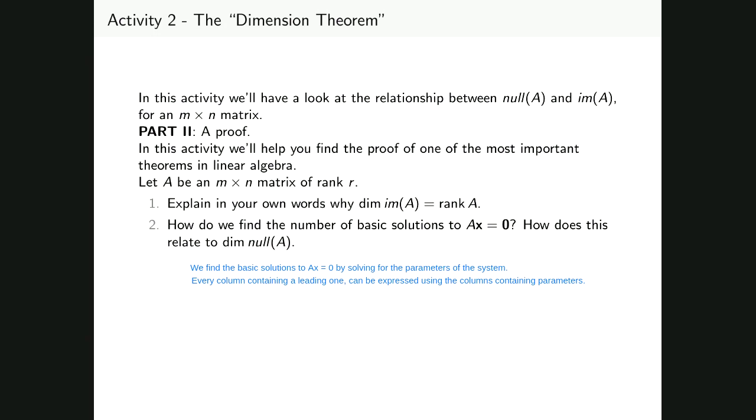So just as a quick little example, I want to show you what this looks like. If we're solving this homogeneous system, what we're doing is saying this is as follows.